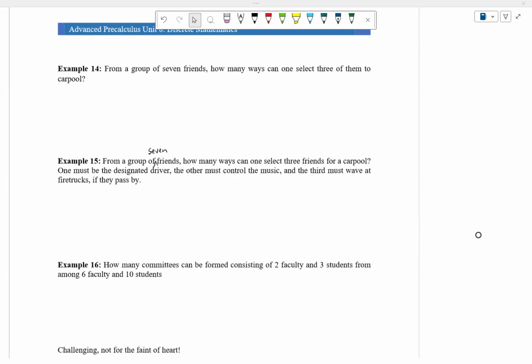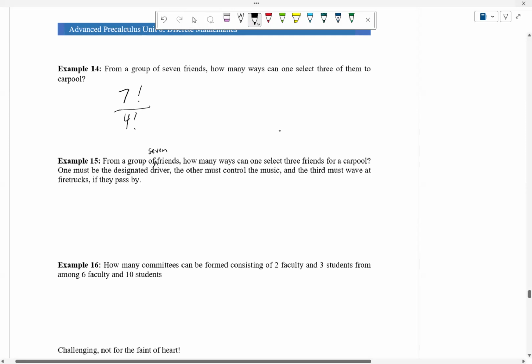Yeah, that was 14. So it's factorial over 4 factorial.